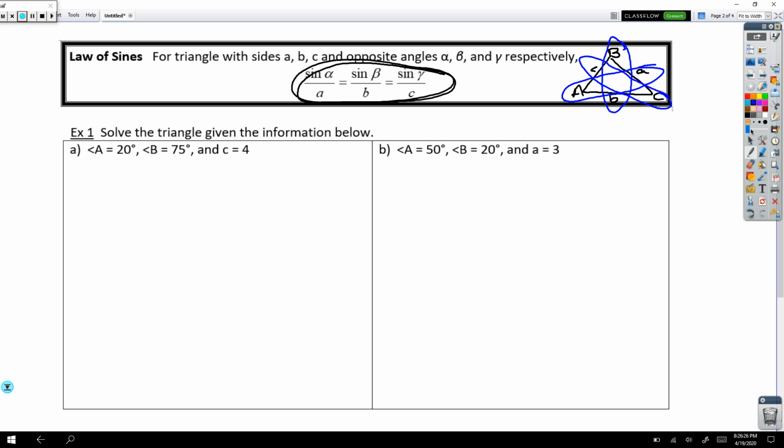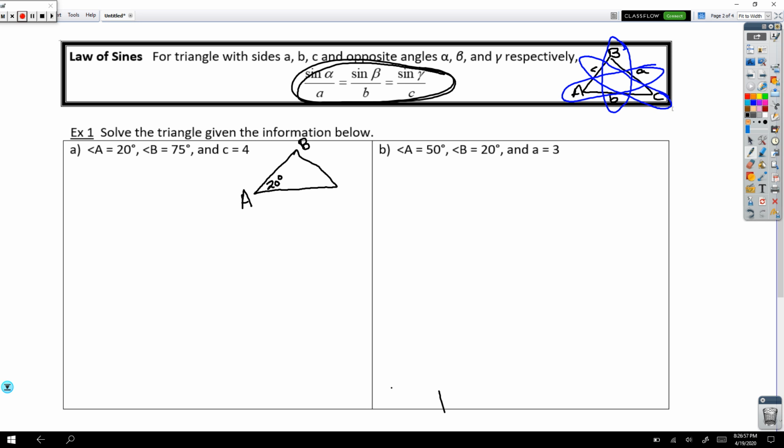Now, the way this is going to work is it's always going to give you one completed ratio or one complete fraction, and then we're going to use cross multiplication to find that missing piece for the other part. Okay, so just like we did in the last video, step one is always going to be to set up your triangle. But again, this time we don't have a right triangle, so we're going to set up an oblique triangle. And it tells me that angle A is 20 degrees.